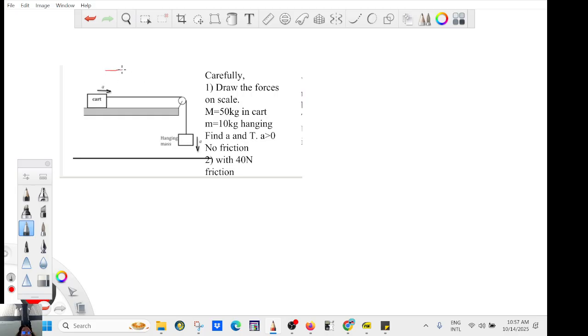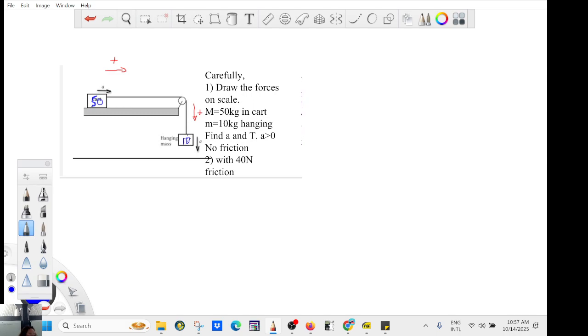So for this one, I want to make sure that's going to be plus here. This one is accelerating down, so down is going to be plus, because I want to make sure my acceleration will be positive. And then I have inertia. This one is 50. And this one here is 10.